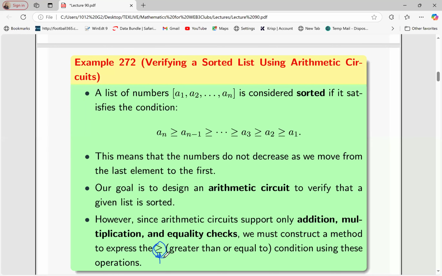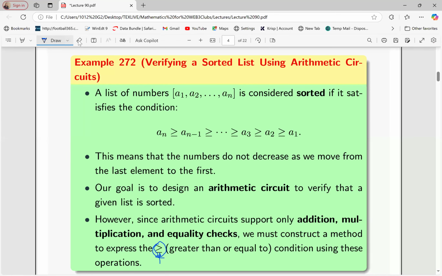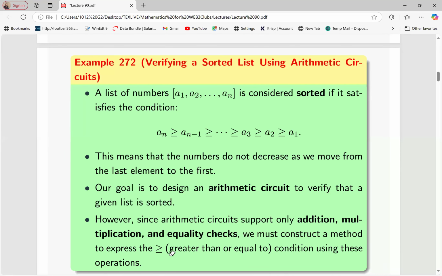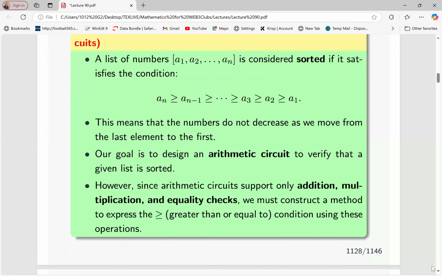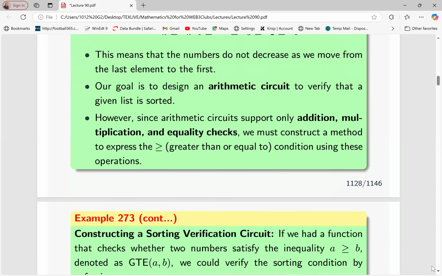Since this sign is not part of what the arithmetic circuit does, we must come up with a way to compare two things, for instance, and say that this is greater than or equal to this. That is what we are interested in, and that's what we'll be doing.